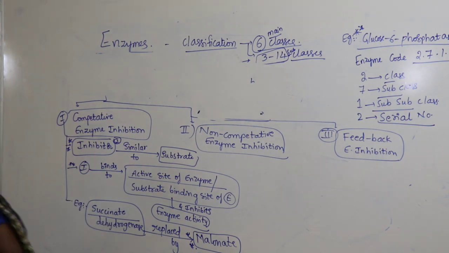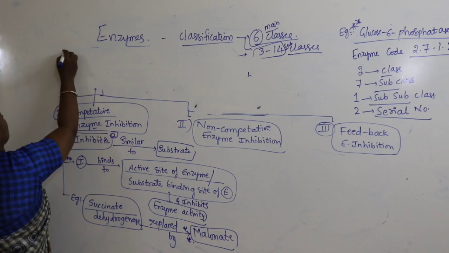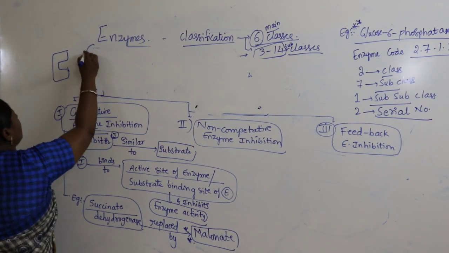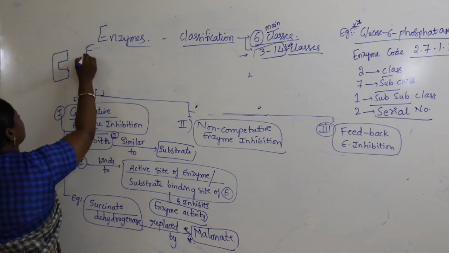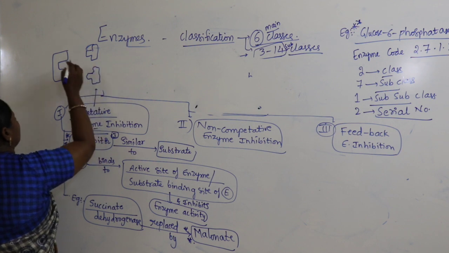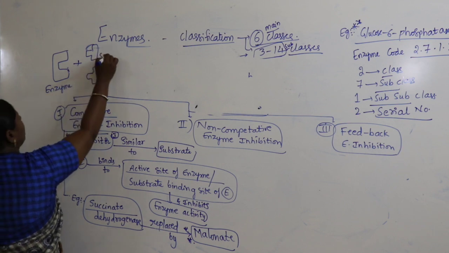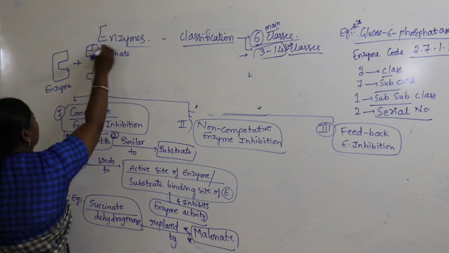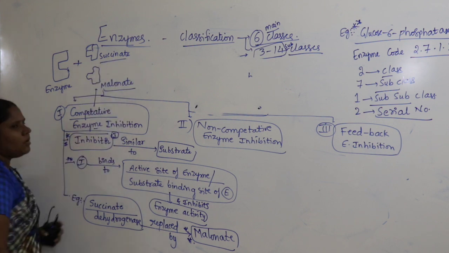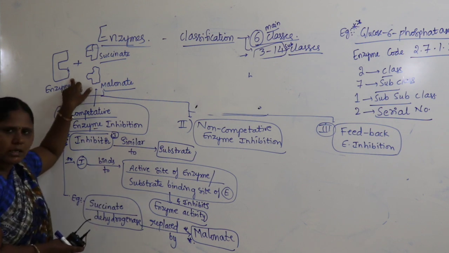So what are we discussing now? Competitive enzyme inhibition. Look at the example I am writing carefully here. This is an enzyme. Succinate dehydrogenase is the enzyme.